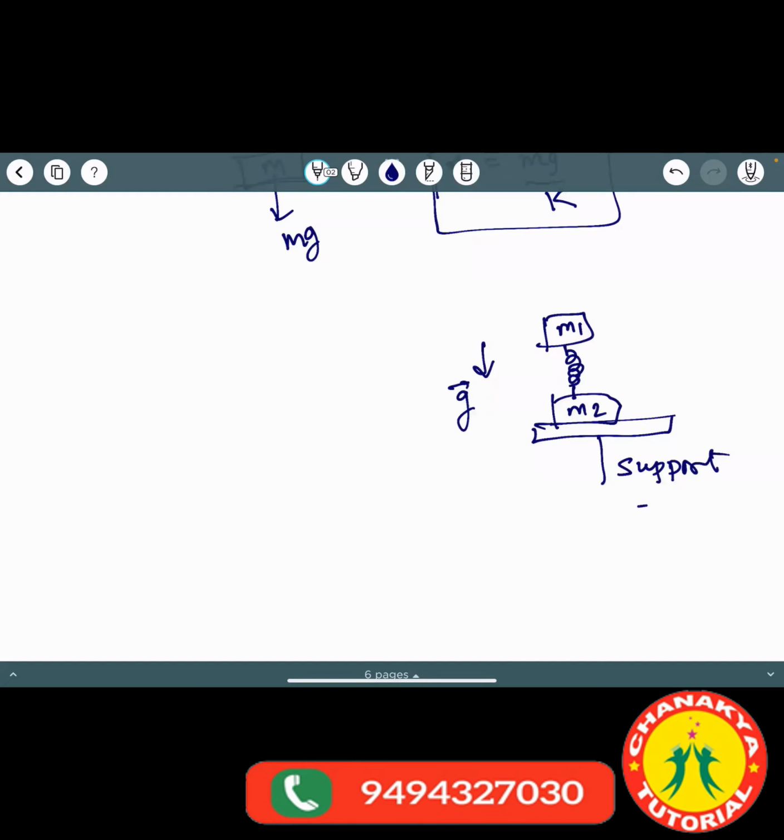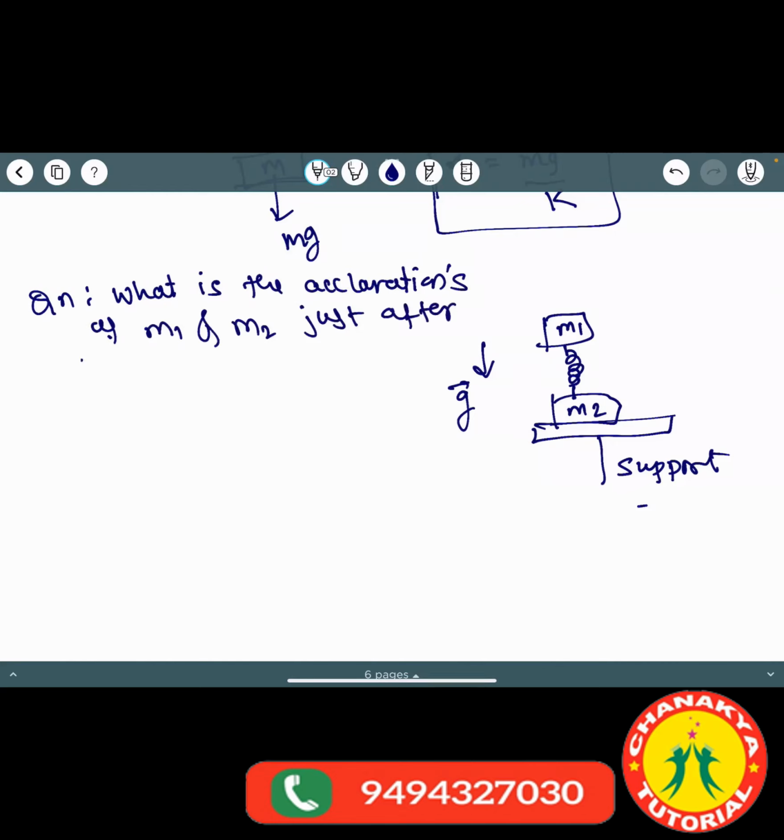The question is: the system of two weights with masses M1 and M2 are connected with a weightless spring as shown. The system is resting on a support. The support is quickly removed. What are the accelerations of each of the weights, M1 and M2, just after removing the support?